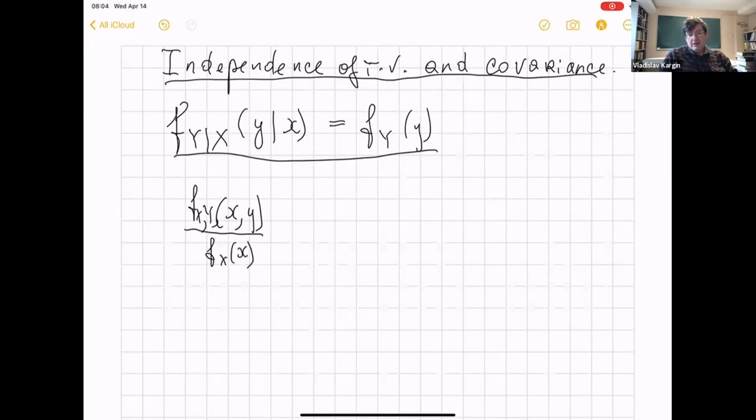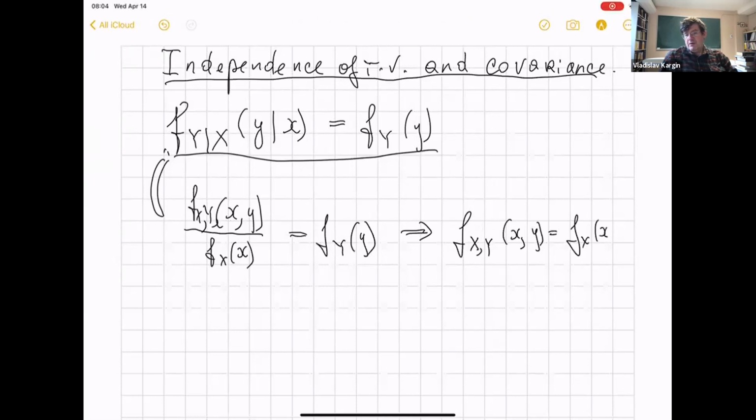This is the definition of the conditional density. It has some meaning, of course, but we define it this way. It should be equal to f of y, which means that the joint density f of x, y should be equal to the product of the marginal densities, f_X of x times f_Y of y.